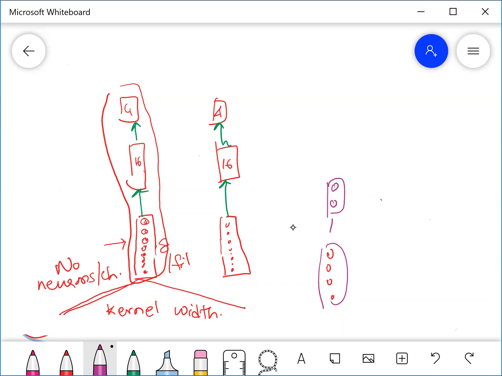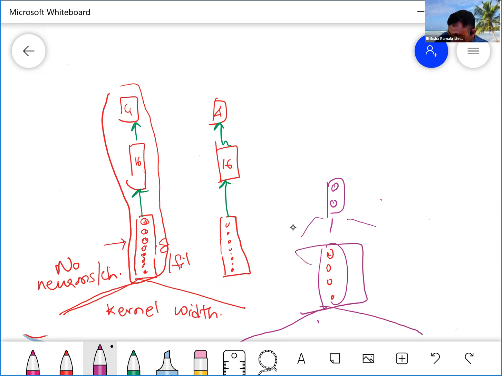It was looking at only one point in time, correct? So there's no kernel width. The input layer has the entire job of analyzing the entire input. You're putting a lot of burden on this input layer.